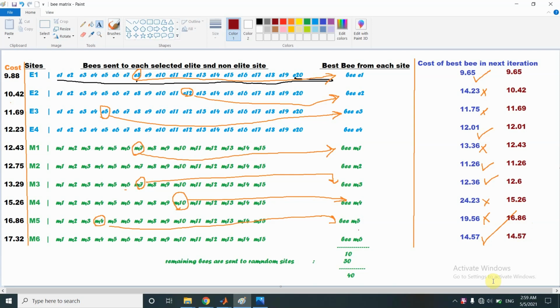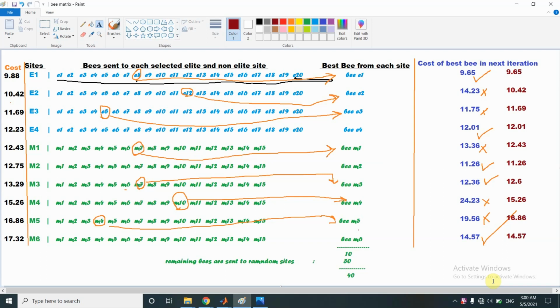So the best elite and best non-elite selected bees will keep on changing in each iteration as we find better and better solutions.